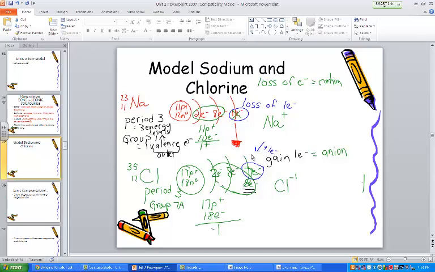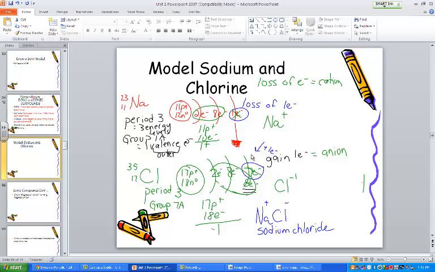When I gain electrons, it becomes negative. When I lose electrons, they become positive. And perhaps you can see when a sodium atom bonds to a chlorine atom, forming ions, we create a compound built of ions known as sodium chloride, an electrically neutral compound built from a cation and an anion.